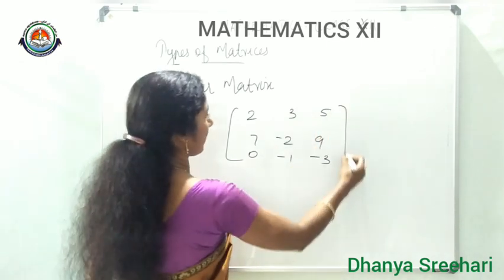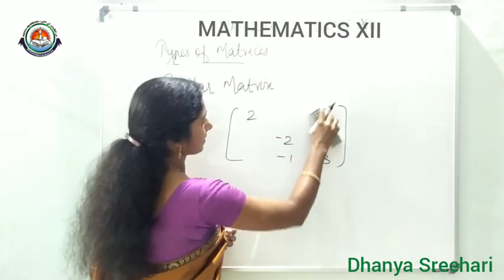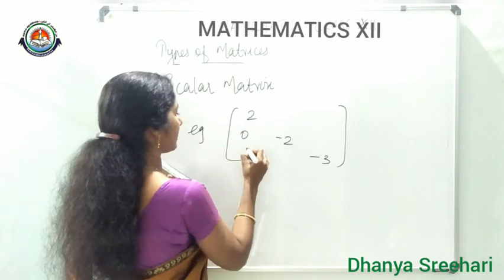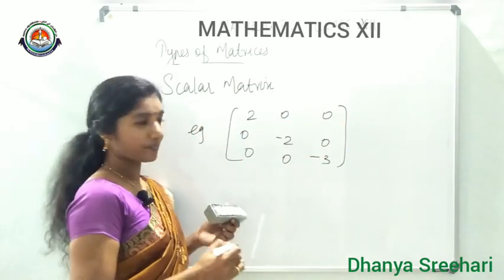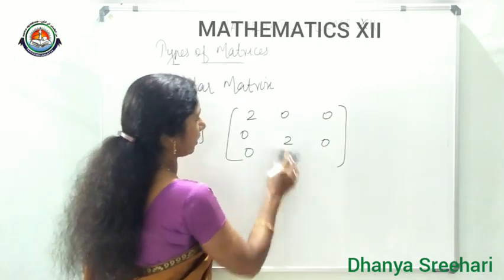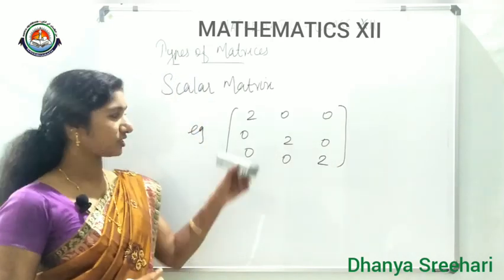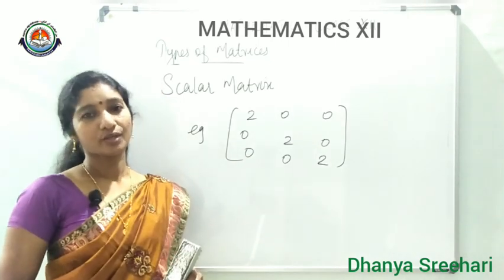This is a square matrix. If diagonal elements are non-zero and all other elements are 0, we call it a diagonal matrix. If the diagonal elements are equal, we call it a scalar matrix. So this is a scalar matrix since diagonal elements are equal.